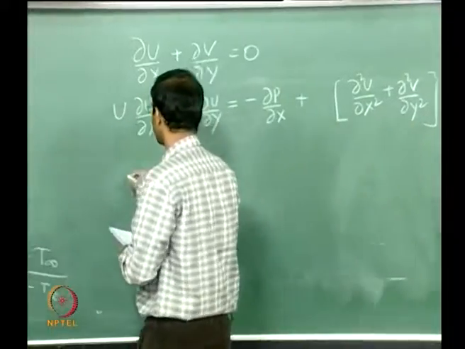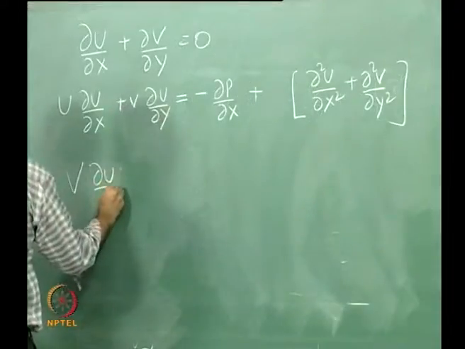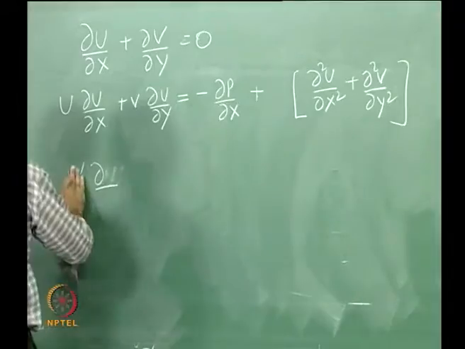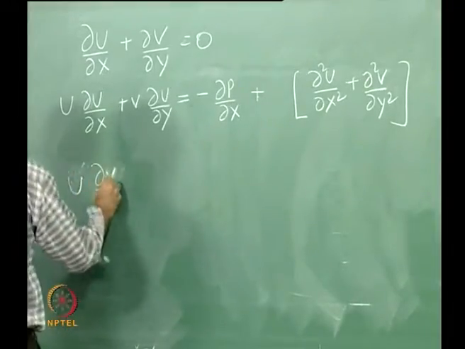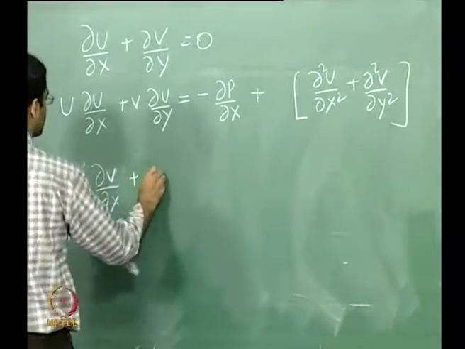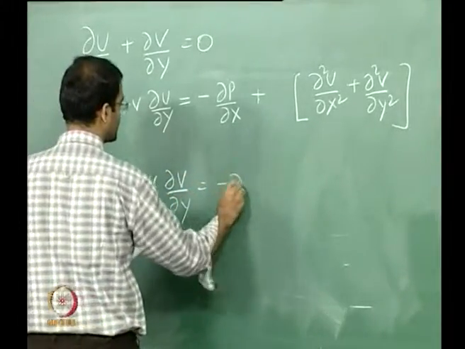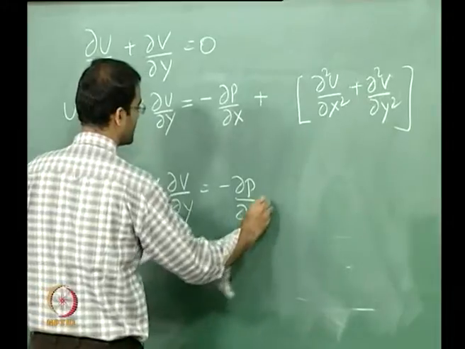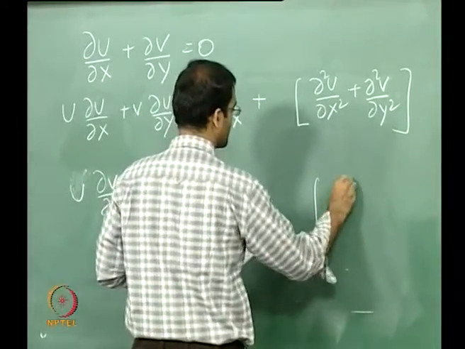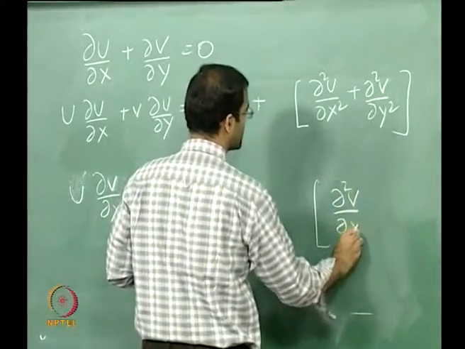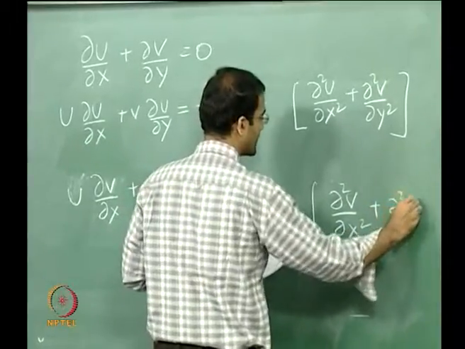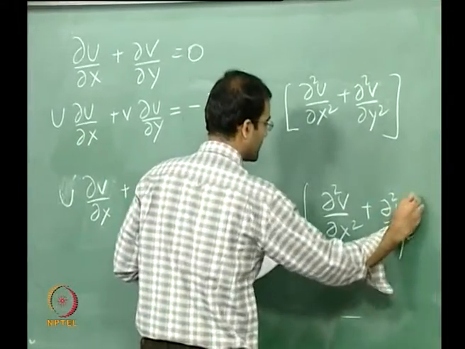The same thing for the other one: U dV dX plus V dV dY minus... these are all in non-dimensional variables, so you have to check and tell me what terms should be there.